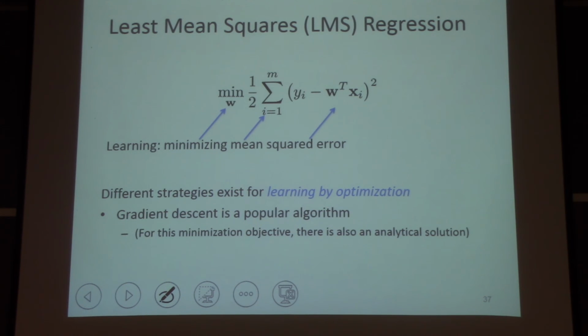And a very popular algorithm for this is gradient descent. Just for this particular objective, it turns out there is an analytical answer. You can just literally work out the answer for this problem algebraically. There is no need for an algorithm, but let's try to invent an algorithm here. How many people have seen gradient descent before?